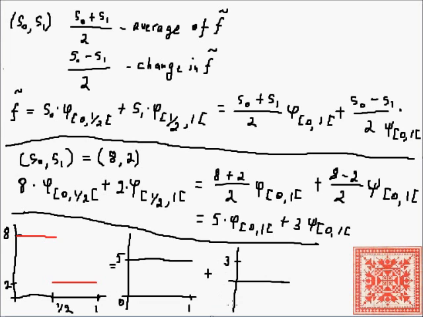That goes from 3 to minus 3, having the value of 3 on the interval from 0 to half, and minus 3 on the interval from half included to 1 excluded. So 5 plus 3 gives us 8 on the first subinterval from 0 to half, and 5 minus 3 gives us 2 on the second subinterval from half to 1.